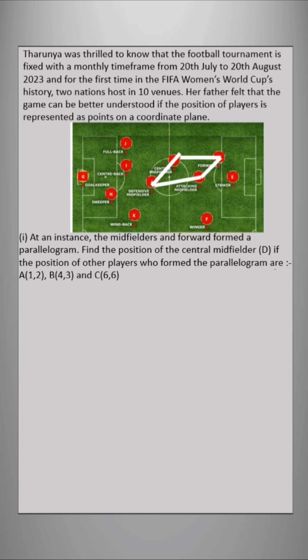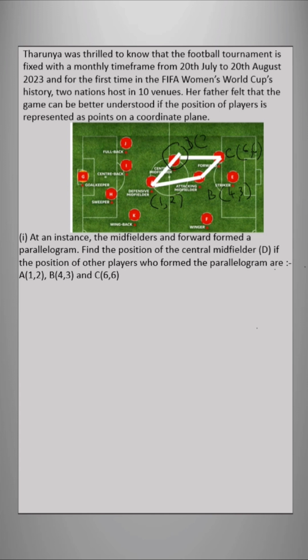This is the central midfielder D. If the position of other players who formed the parallelogram are, this is A (1, 2), this is B (4, 3), this is C (6, 6). Now you have to find the position of midfielder D.